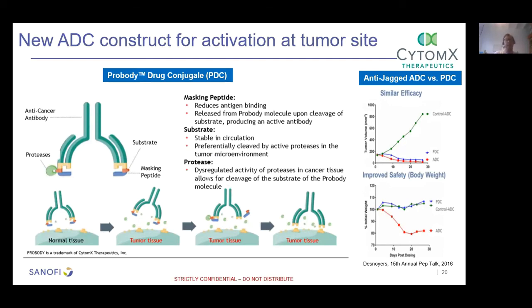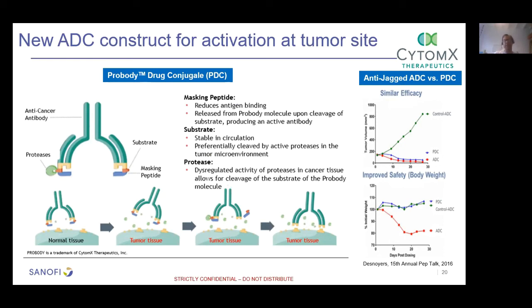This peptide is released ideally and specifically in the tumor microenvironment, where there is an overexpression of proteases able to cleave the peptide and allow the antibody to bind its target and then be internalized to eventually kill the cell.